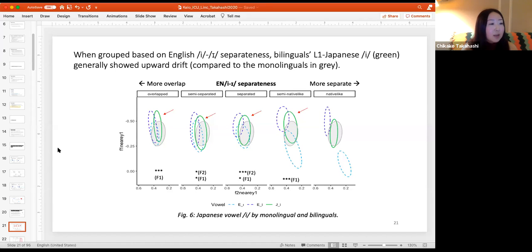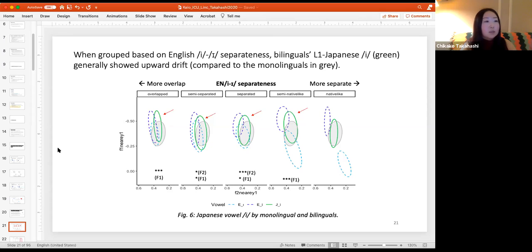For the sake of time, I will skip the specific grouping criteria, but the native-like group on the right included bilinguals who produced two English vowels as far apart as monolingual English speakers did.